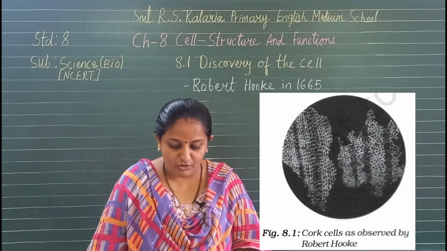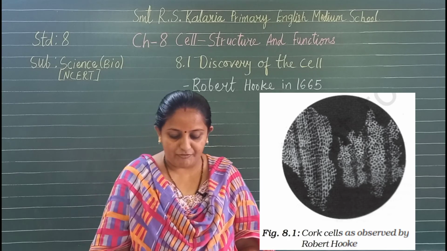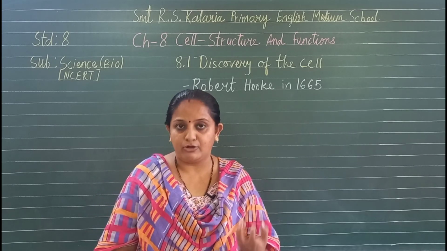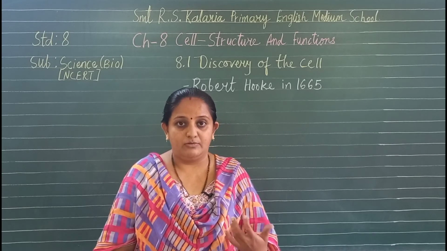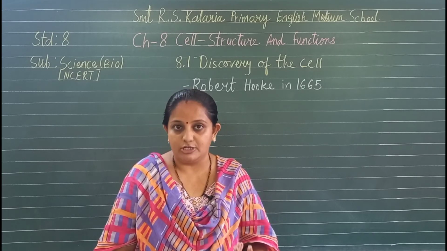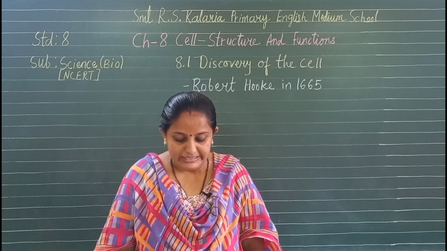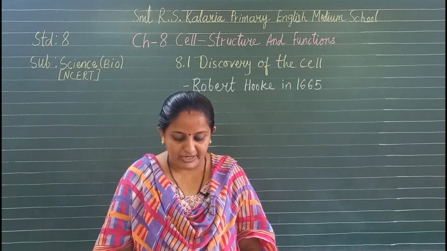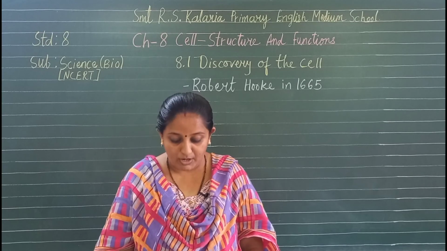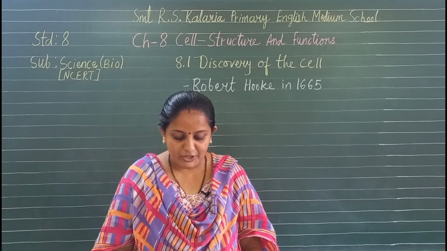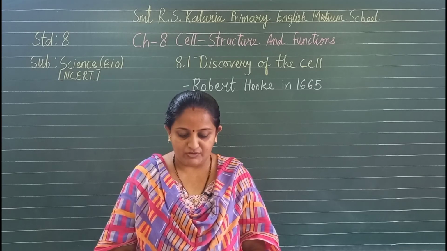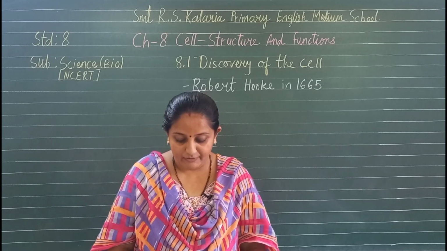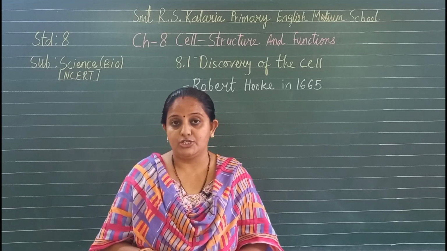So cells of living organisms could be observed only after the discovery of the improved microscope, isn't it? Electron microscopes are needed, as they give more efficient results. Very little was known about the cell for the next 150 years after Robert Hooke's observations. Today we know a lot about cell structure and its functions because of the improved microscopes having high magnifications.